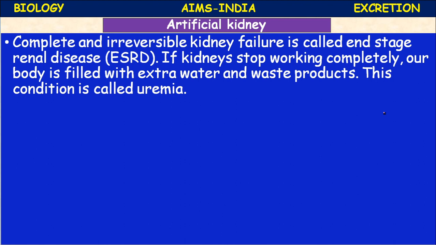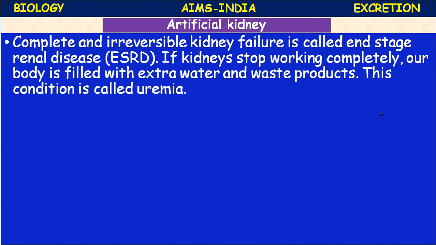The complete reversible kidney, artificial kidney is a complete reversible kidney. So here the transparent fluid, amber color, it is formed. Okay. So urine contains this.